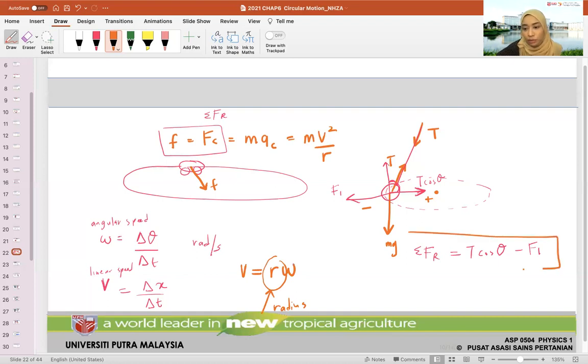This is what you need to know macam mana nak cari. Ni equation yang kena ingat. Ni kena tahu, kena faham, kena tahu macam mana nak buat. Okay, so these are like the basic things yang kita akan cover untuk chapter ni. Not basic, like the key points.